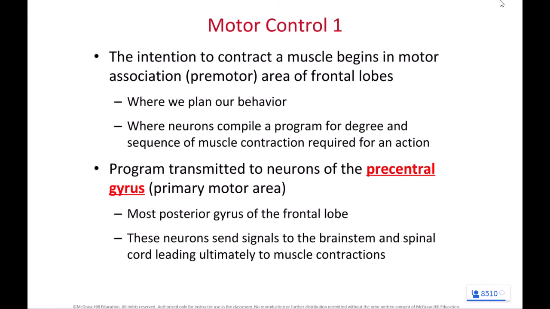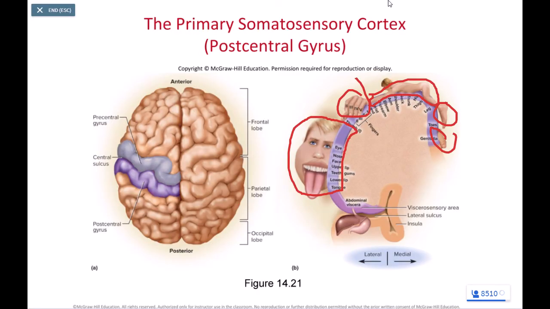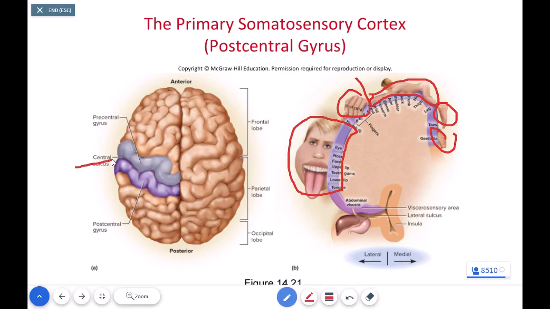Let's talk motor control. We just talked general senses. Let's talk voluntary motor movements. When we think of movement or motor control, our primary motor cortex is located in the precentral gyrus. Our precentral gyrus is located, to back up a couple slides here, anterior to the central sulcus.